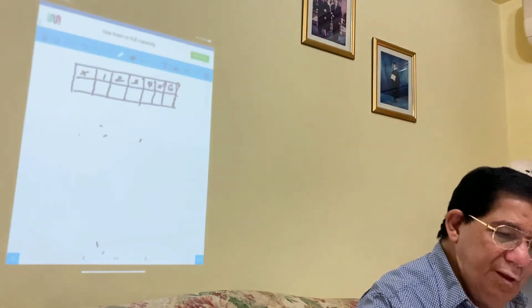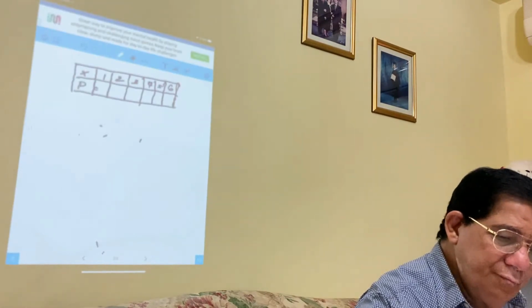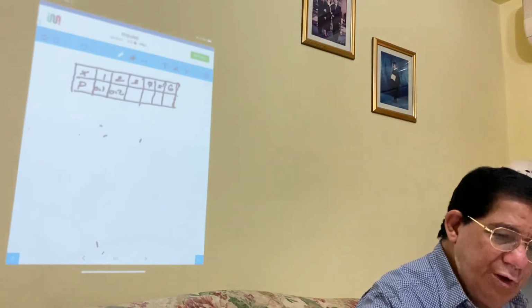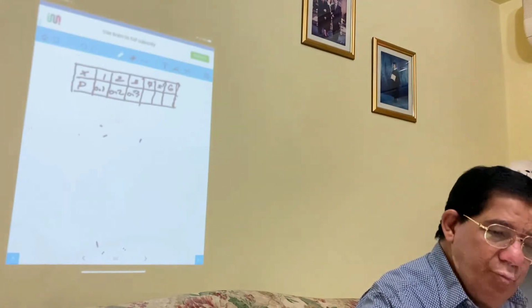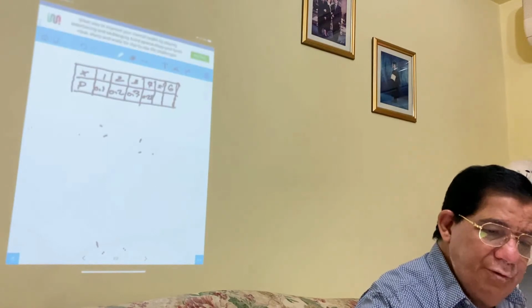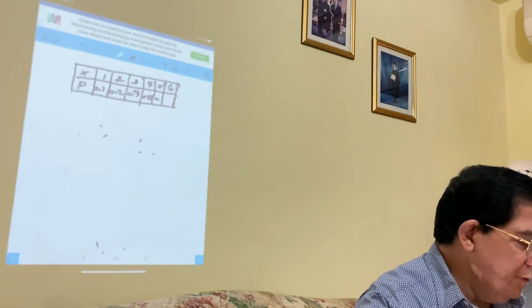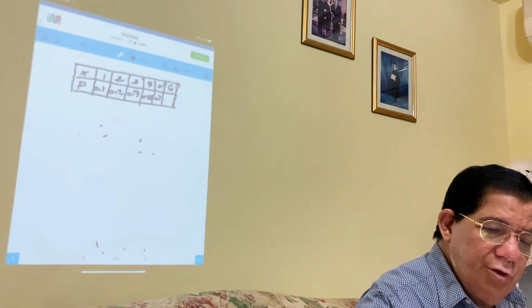And we are given the probabilities: 0.1, 0.2, 0.3, 0.25, 0.1, and 0.05, and 0.05.